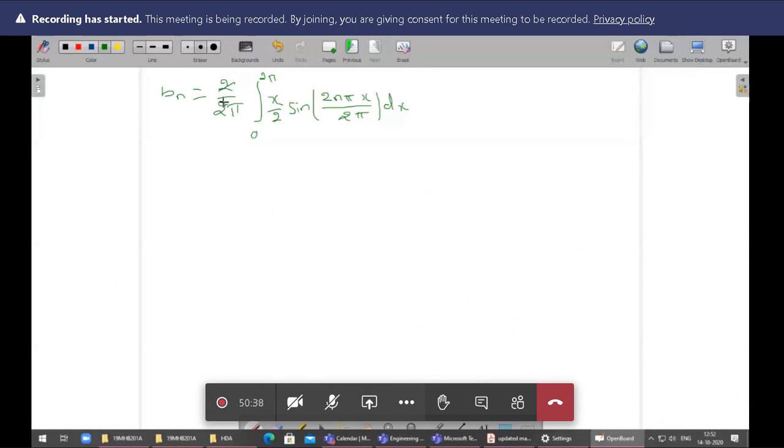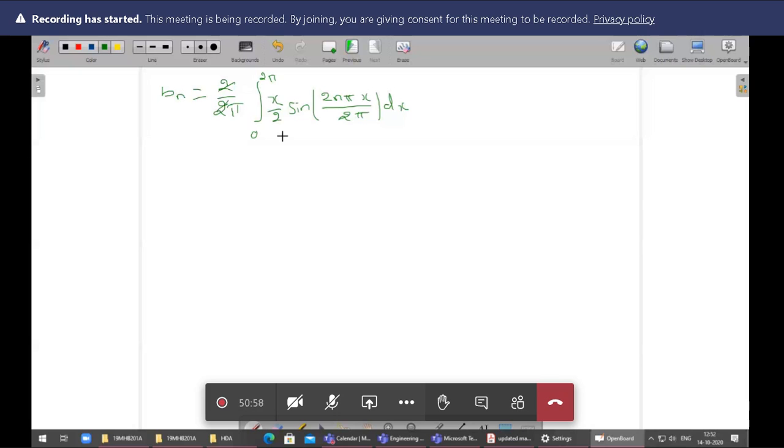So you can cancel this 2, and we can take outside 2, and again 2 pi in the sine is also cancelled. You get 1 by 2 pi into integration from 0 to 2 pi x into sin nx.